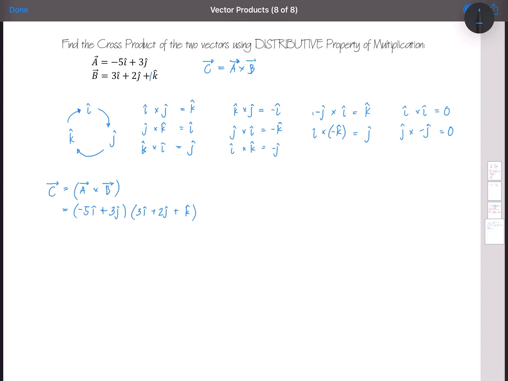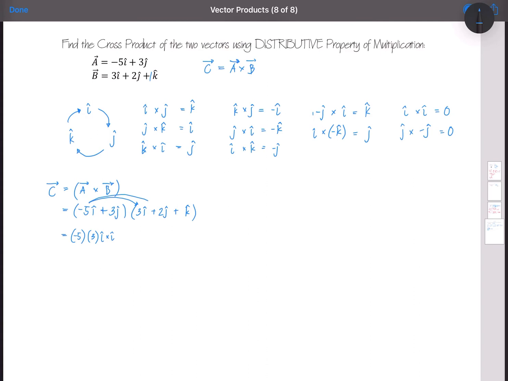And so in the distributive property, first term times first term. We have negative 5 times 3 times i hat times i hat. That's the first term.